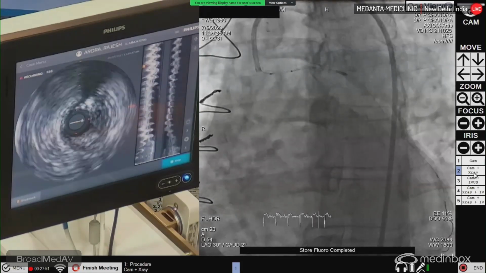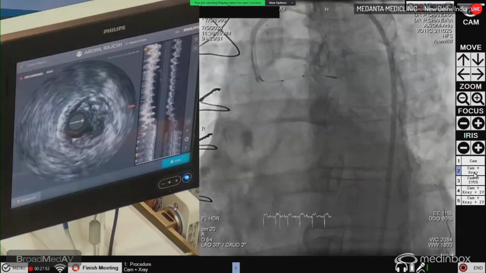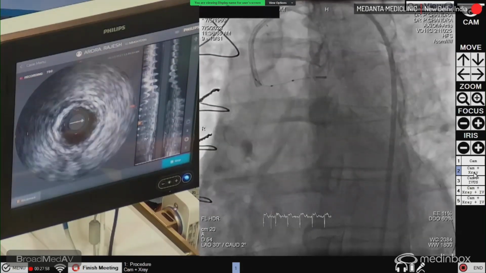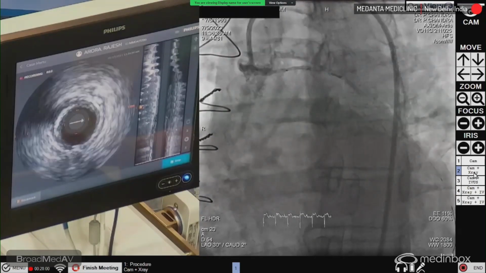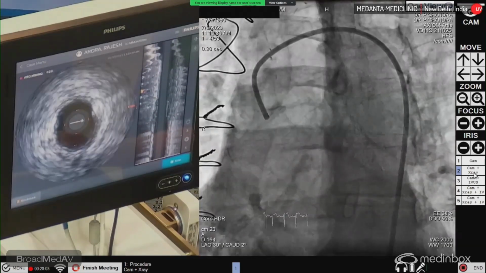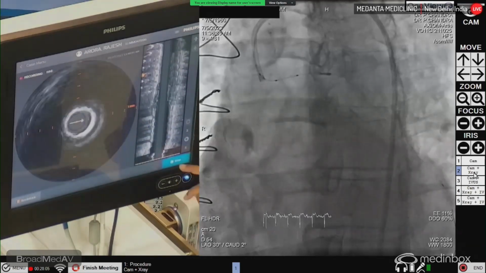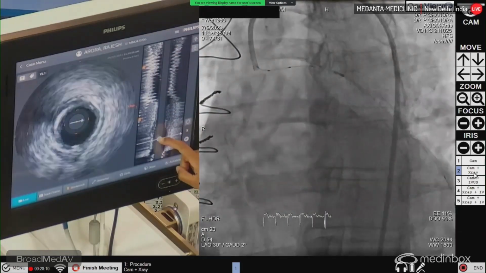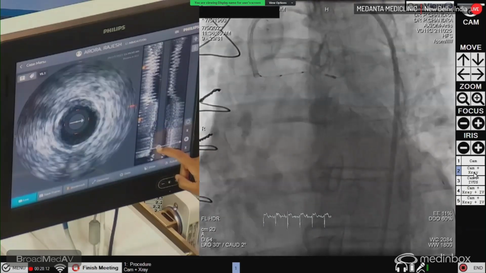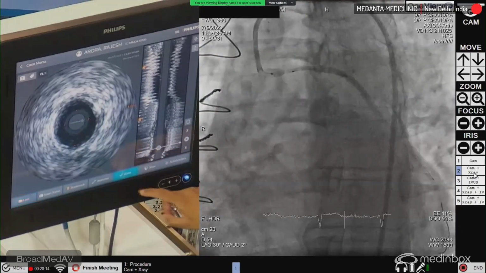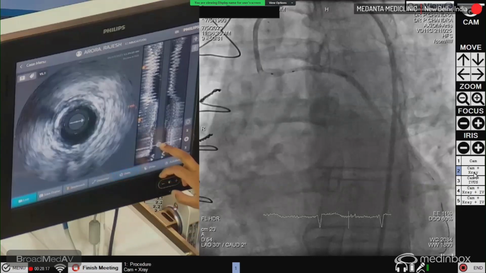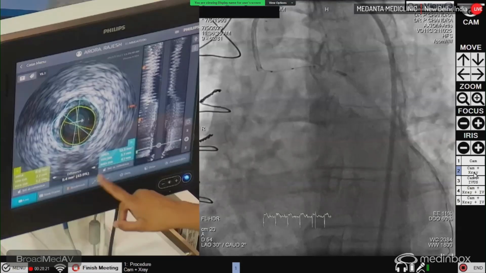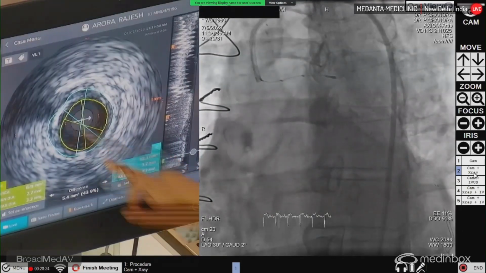So now you can see on the IVUS that we have disease which is quite a bulky plaque out here, and proximally it is a good 3.5. Tell the measurements, please. So this is the length. With this we can also assess the length of the stent which we are going to use. So here I can see that it could well be a 33. So distally it is 3.5 or 3? 3.